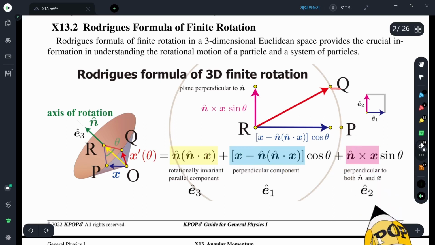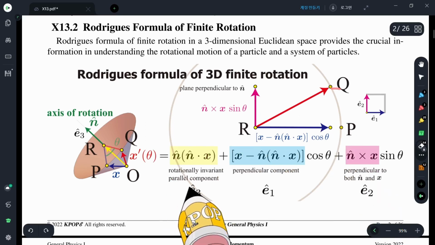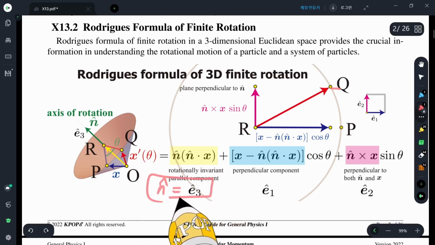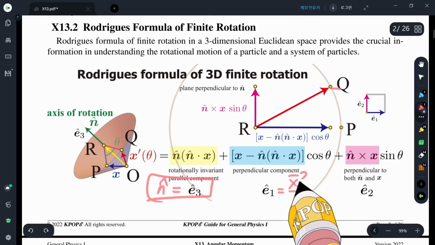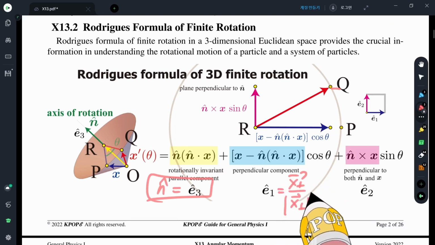So we have identified E3 is n hat, unit vector. E1 is x perp's unit vector, so x perp divided by x perp magnitude.